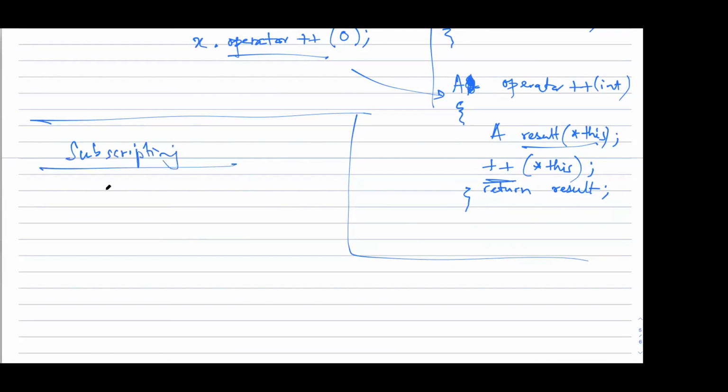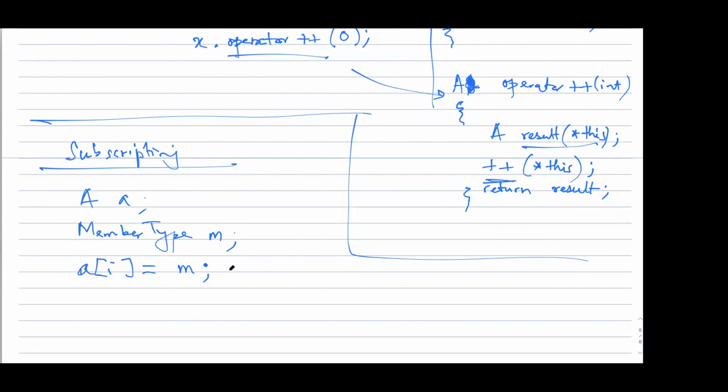So subscripting would look like this: A, and then you have member type, let's say M, and you write essentially A[i] = m.